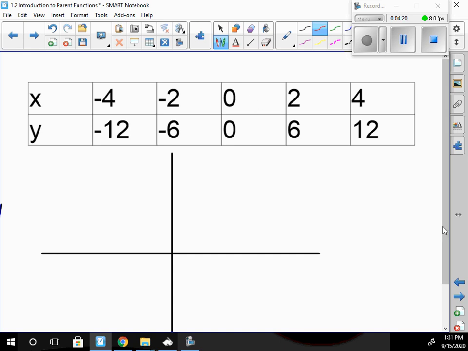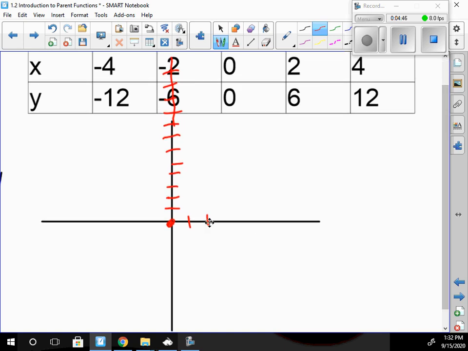Let's try this one. We have 0, 0. It's our original point. 2, 6. Just expanding that out for my points. So I have 2, 6. And then 4, 12.